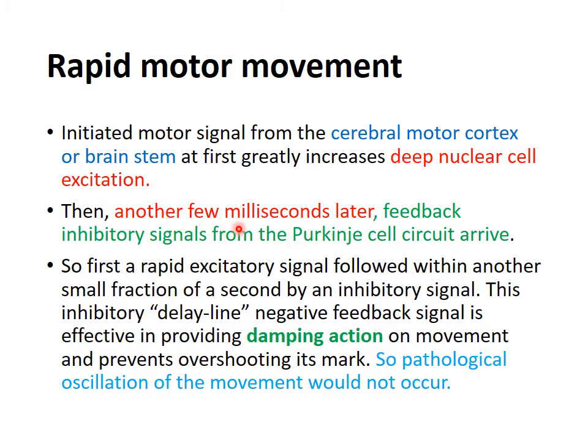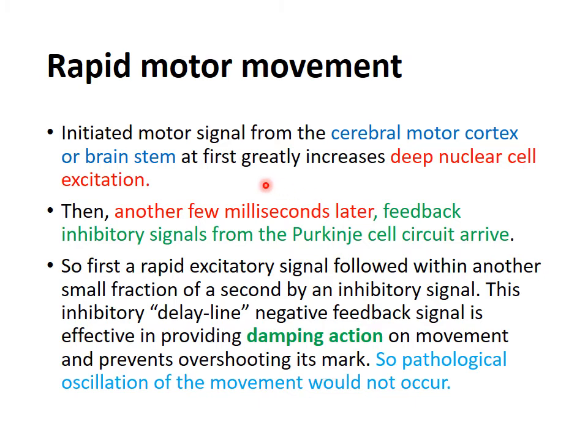And a few milliseconds later, feedback inhibitory signals from the Purkinje cell circuit arise. So first there is the excitation through the deep nuclear cells, then after a few milliseconds there is Purkinje cell inhibition. Now this is called damping action on the movement, and it prevents overshooting its mark.